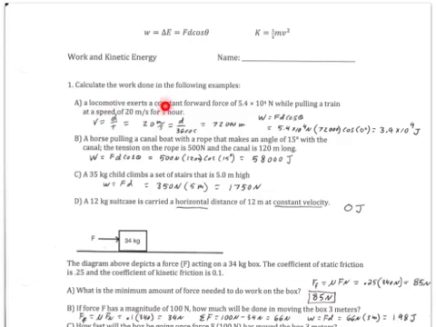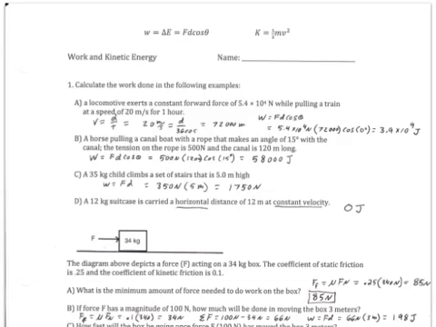A locomotive exerts a constant forward force of 5.4 times 10 to the 4th newtons while pulling a train at a speed of 20 meters per second for 1 hour. I've got time and velocity here. The trick is you've got to use velocity equals displacement over time to figure out how far it moved, because to use the work equation I've got to know how far it went.